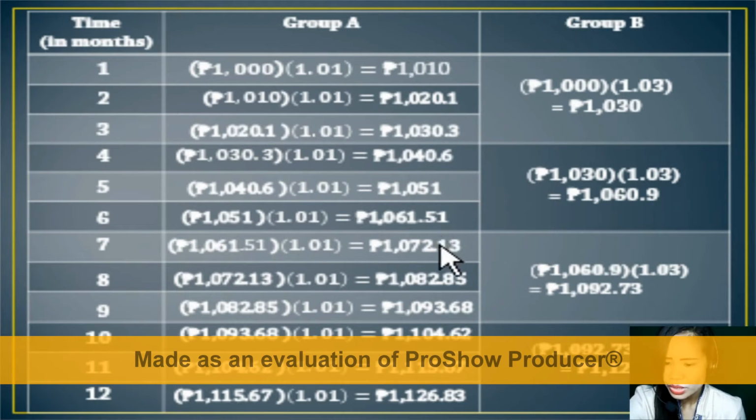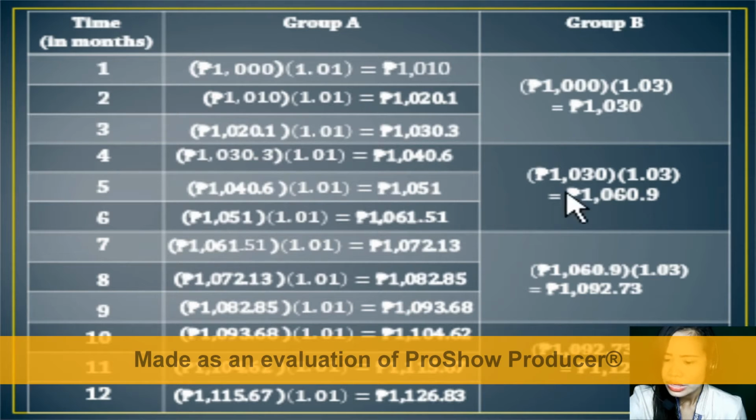In the second quarter, as you could see, the earning in around 6 months in Group A is 1,061 pesos and 51 centavos. However, at the end of the second quarter in Group B, the earning is now 1,060 pesos and 9 centavos.